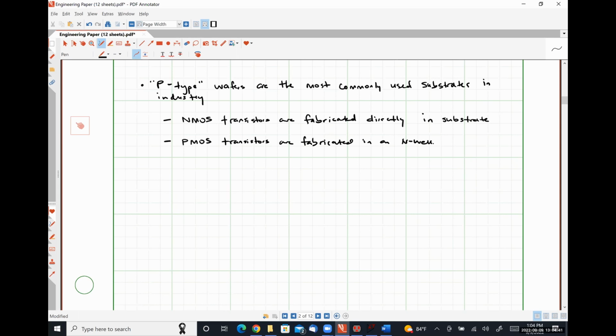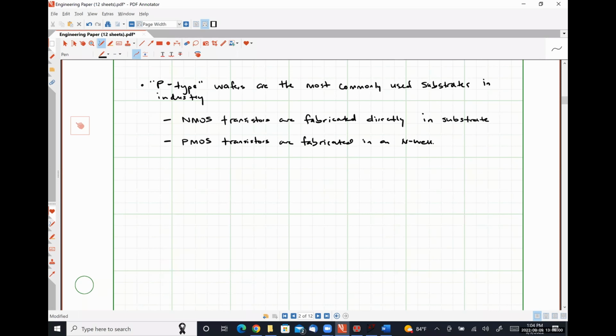You start with a chunk of crystal of one particular type, and then you have to dope it with the opposite type. If you dope it at the same doping levels, you get neutral crystal with a bunch of ionized donors that cancel each other out.